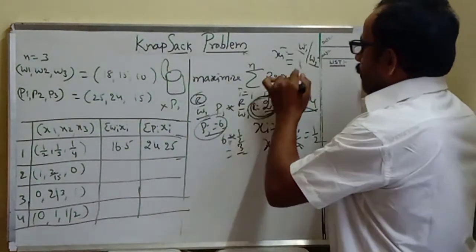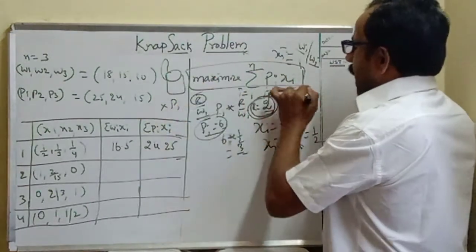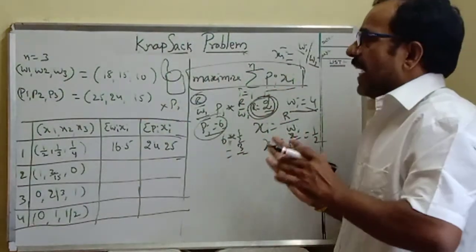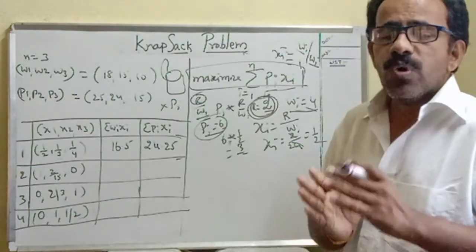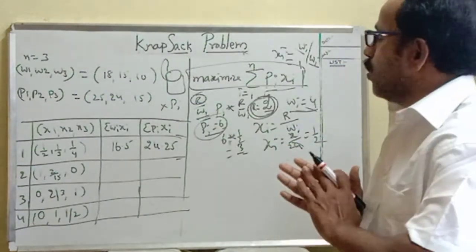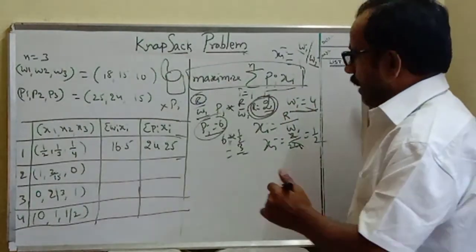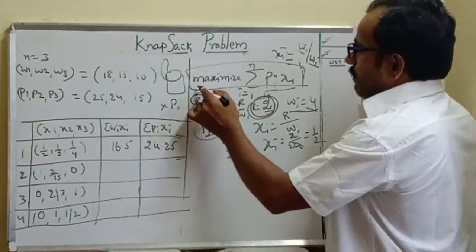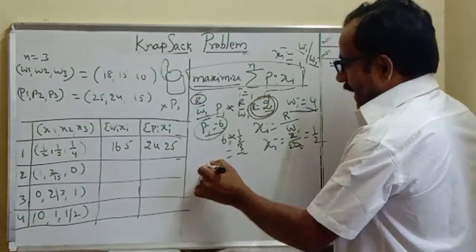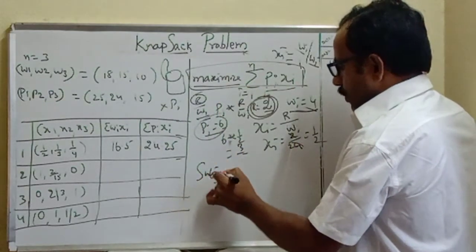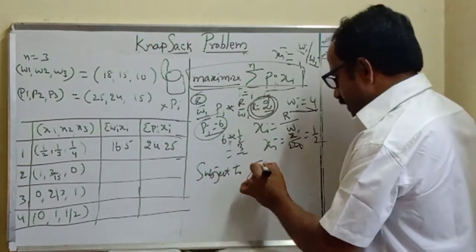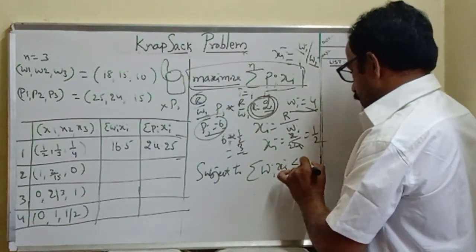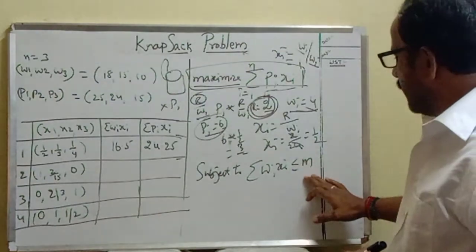But finally you must get maximum profit. Then what is the objective here? Whatever items you include, the total weight of those items should not cross the capacity of the knapsack. So the statement of the knapsack problem is maximizing the summation of PiXi, subject to the summation of WiXi being less than or equal to m, supposing the bag capacity is m units.